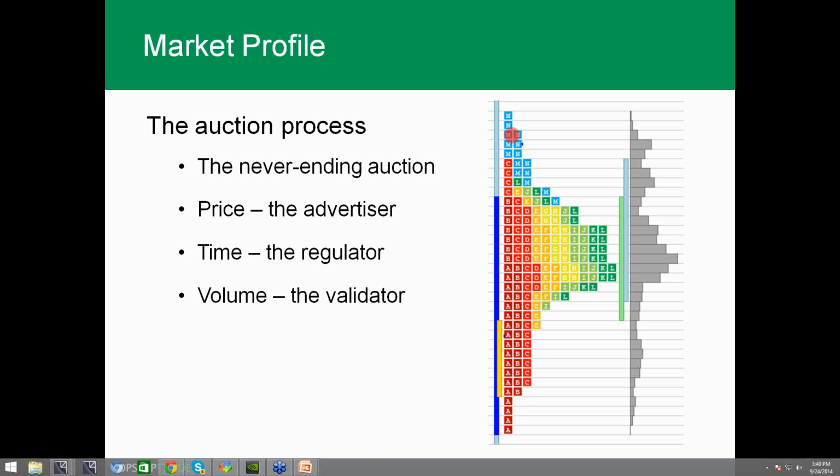The market drives away from the previous balance and is now, instead of in balance, which this is a relatively balanced profile in TPO and in volume profile, the market drives away, drives higher, and now you've got shorts in the market that are now taking heat. They're going to have to respond.